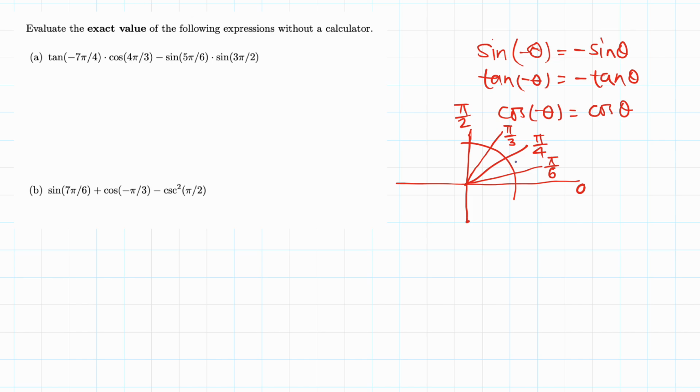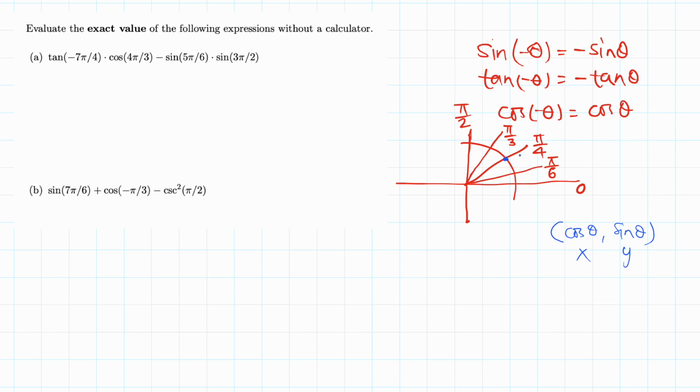And these have coordinates, x, y. So x represents cosine of that angle, theta, and y represents sine. The x coordinates give us cosine values and the y coordinates give us sine values.